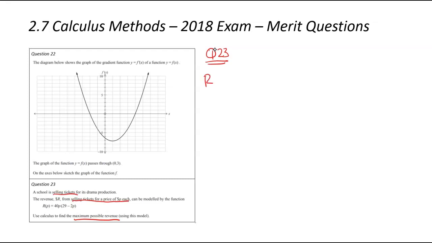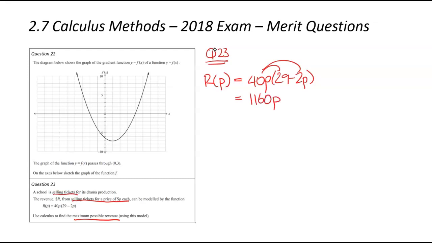So let's jot down our function. The revenue in terms of the price is equal to 40p times (29 minus 2p). I'm thinking maximum, so I know R'(p) will be equal to 0, but I need a gradient function for that. So I'm going to expand my bracket, which gets me to 1160p, minus 80p squared.